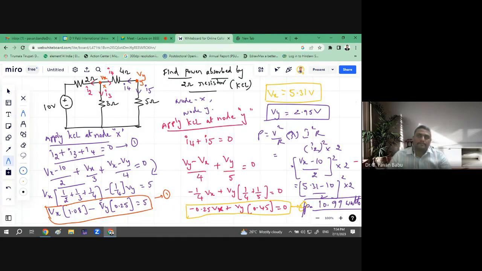In KVL, maximum we can go for 3 loops and easily calculate them; if there are more loops, the complexity increases. With the KCL method, it helps us identify the solutions when there are more loops. That is the advantage of KCL. That's all for today. Let's have the discussions.